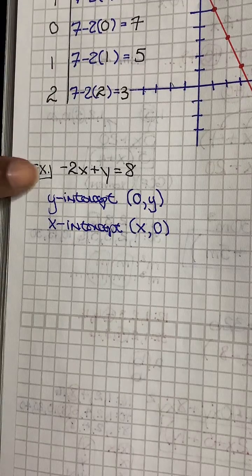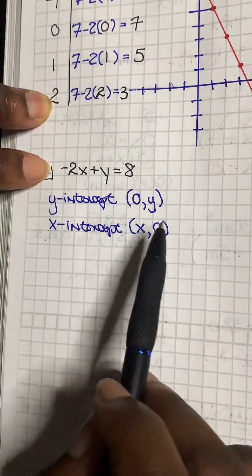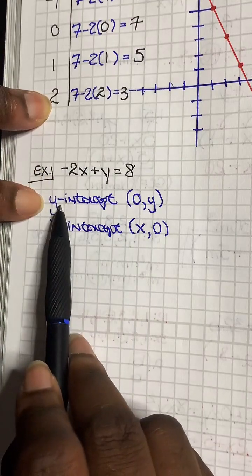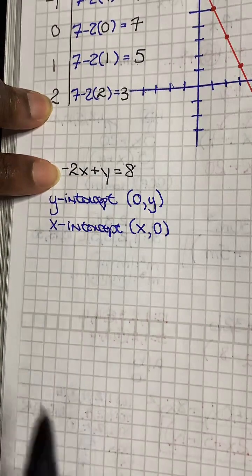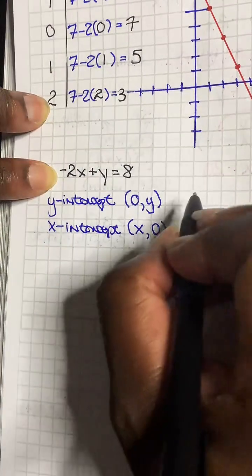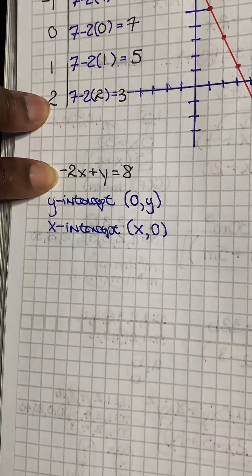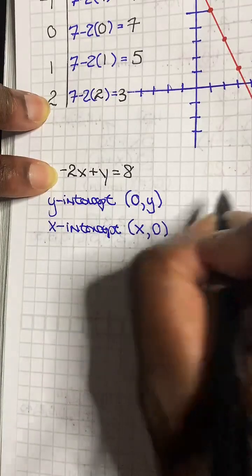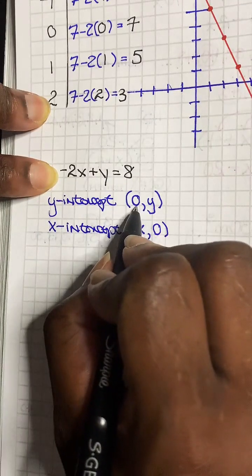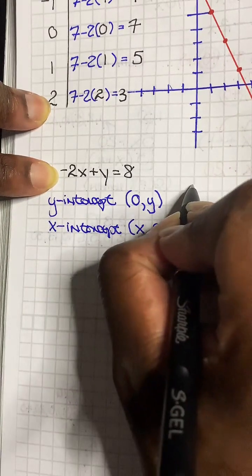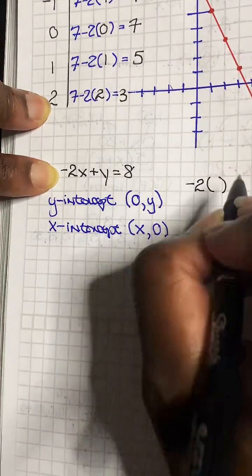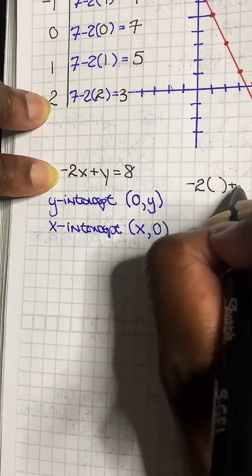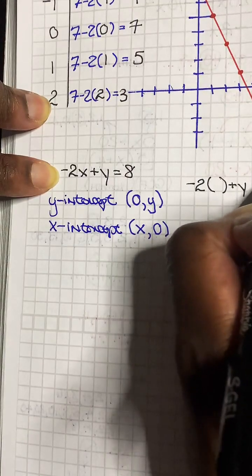Okay. So in order to find my y-intercept and my x-intercept, to find my y-intercept, I'm going to write the equation in black. I'm going to make my x value equal 0. So if I have -2, plug in the 0 for the x, plus y equals 8.